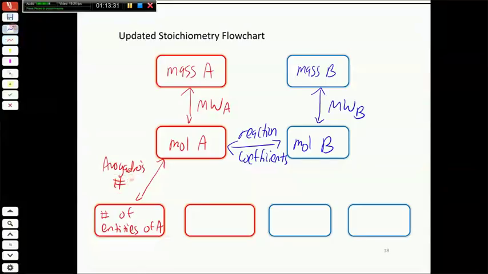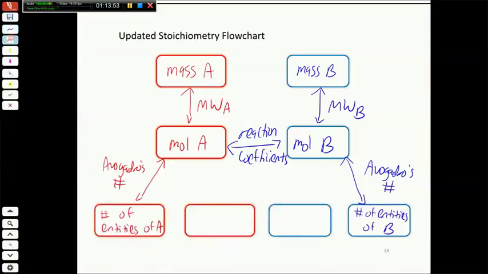And same thing for B. If we want to determine the number of entities of B, where that would be the number of atoms or molecules, depending on whatever the fundamental particle is that makes it up, we can use Avogadro's number to do that as well. So that's all chapter 5. That should be a review now.